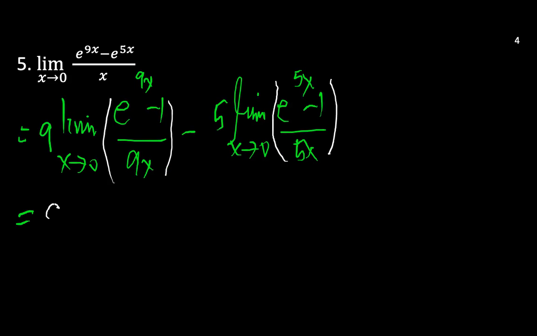So this becomes 9, and what is the limit of this term? That's the logarithm of the base e. The base here is e, and based on the theorem, the base of the logarithm should be e. Minus 5.